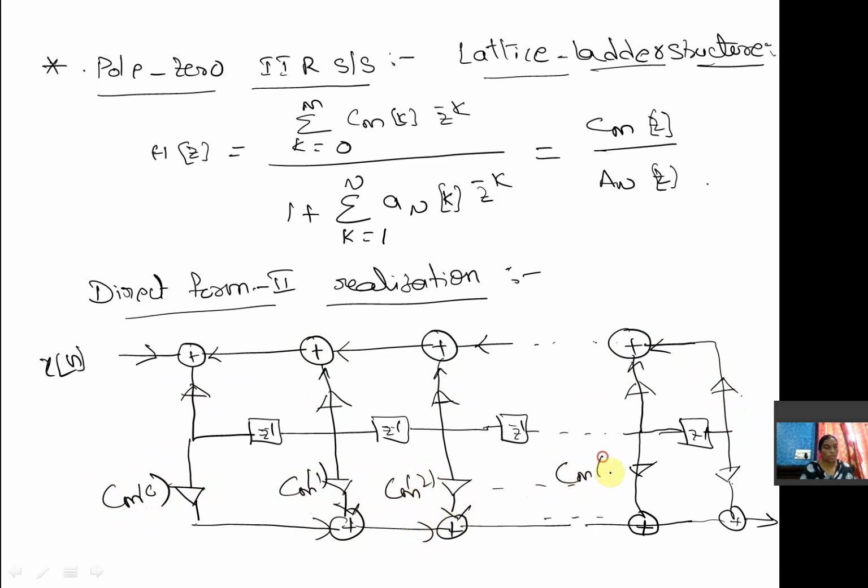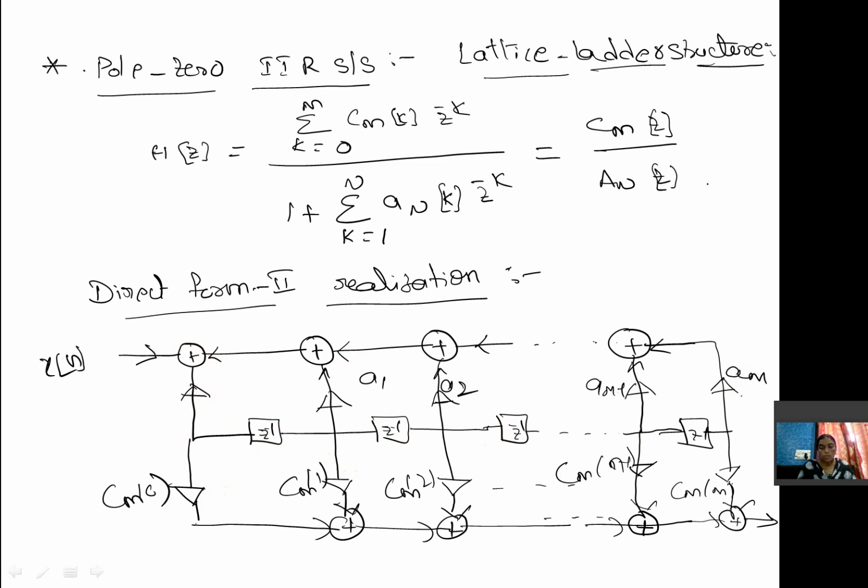Here this is Cm of m minus 1, this is Cm of m. We may use any notation here, C, A, like that, A1, A2, Am minus 1, Am. In this way, just realize this type of pole zero IIR system. So these are said to be direct form 2 realization.